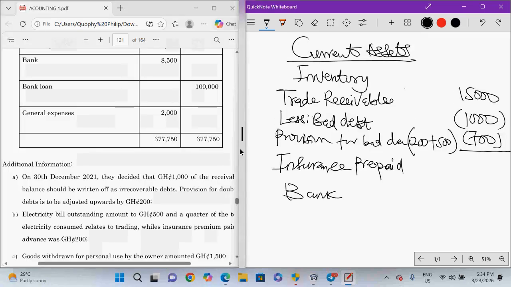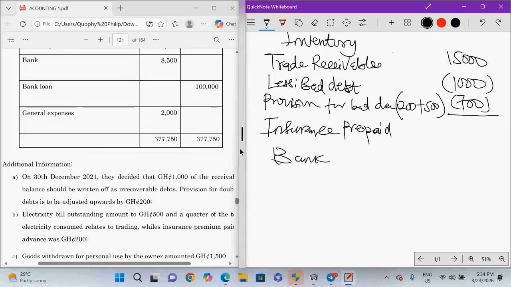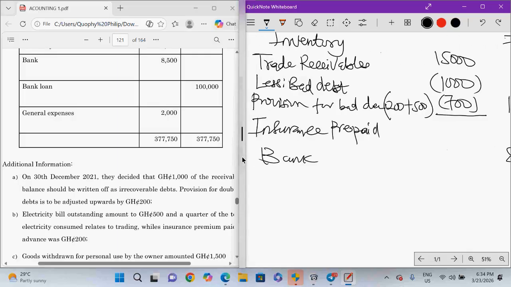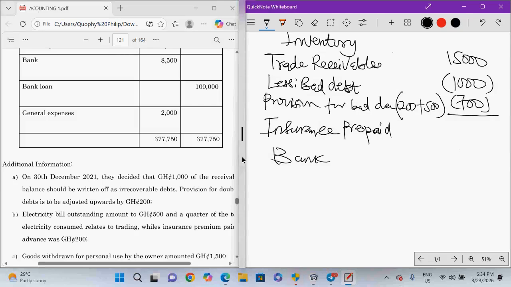Debit. So it is a normal bank balance. Bank is an asset with a debit balance, so it will come to the current assets. Assuming the figure was on the credit side, it means it is an overdraft, hence we would go to the current liabilities.